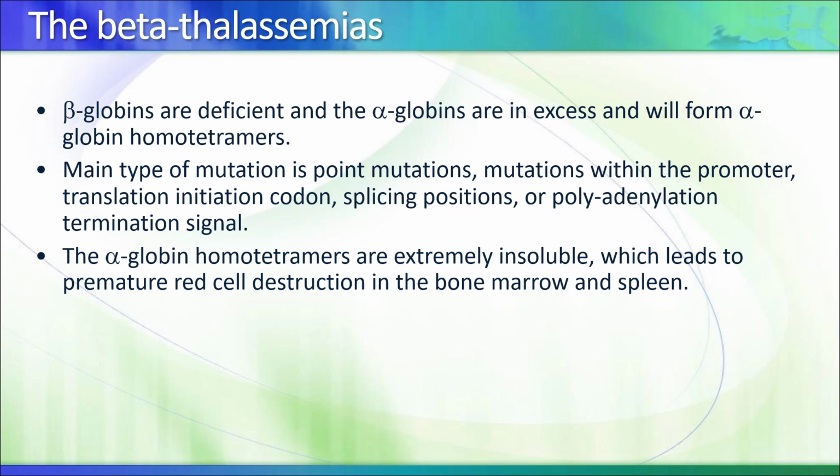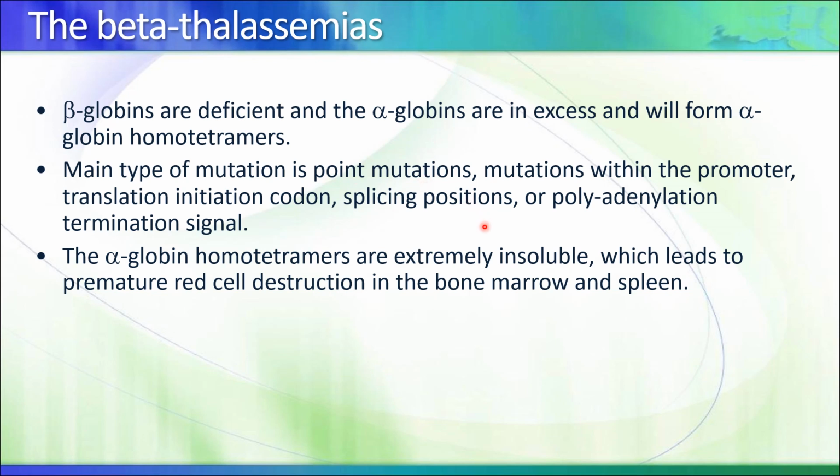So how about beta-thalassemias? Basically, this condition results from defective beta-globin genes. Now remember, normal individuals have two alleles, one on each chromosome. So the mutations are basically point mutations rather than deletion mutations.